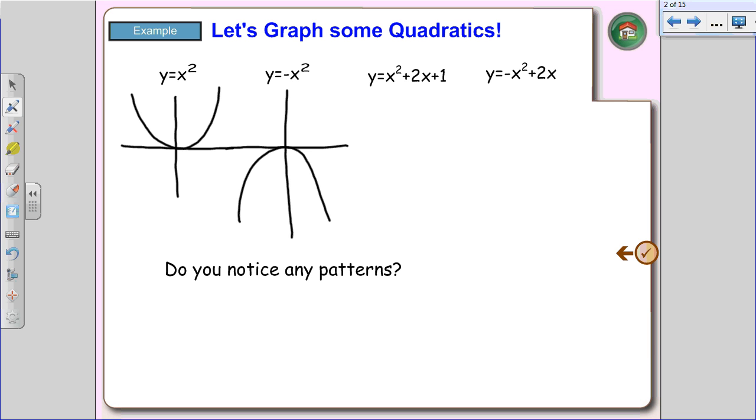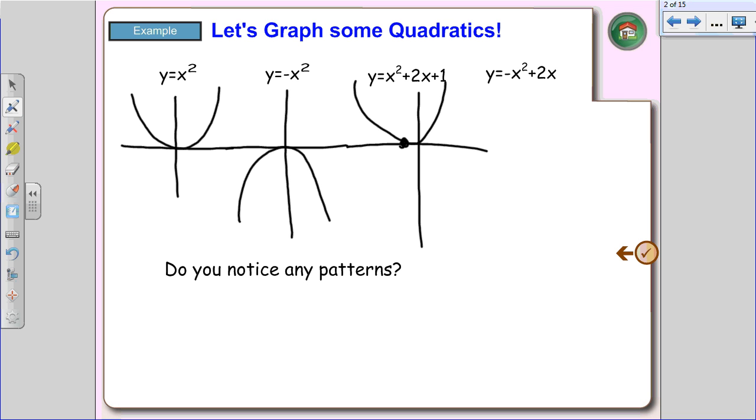Looks pretty similar, a little bit different. If you go into the third one, it's a little trickier. You want to go x squared plus 2x plus 1. You don't need any brackets to make that one work. You can just put it in just as it is. You should get a graph that looks like this, where that dot is over here. It's just a little bit to the left. And the last one, you want to put in negative x squared plus 2x.